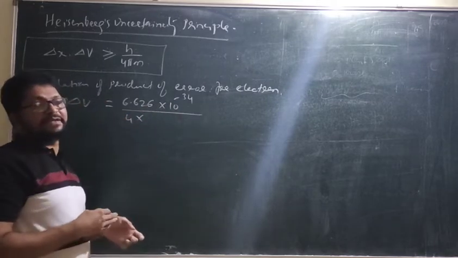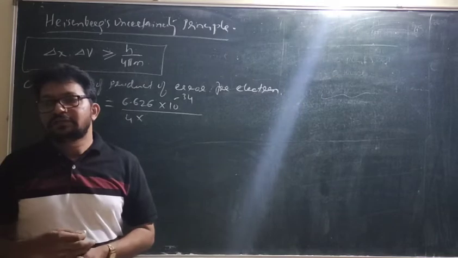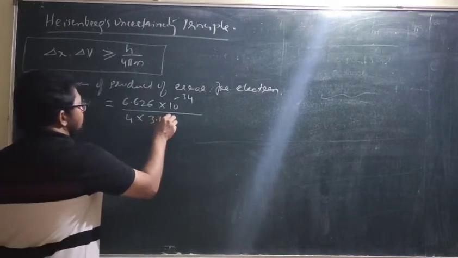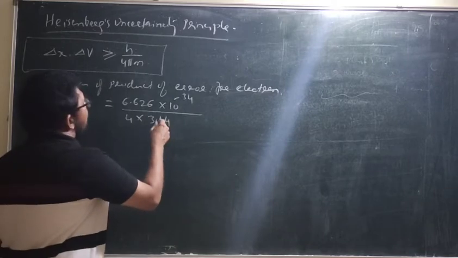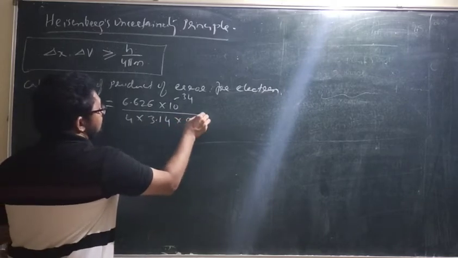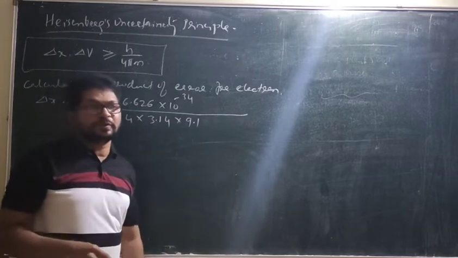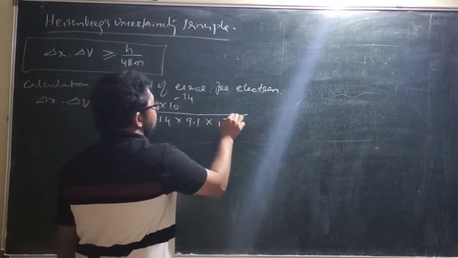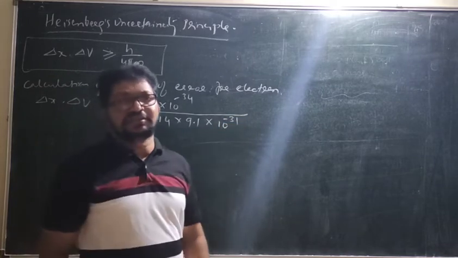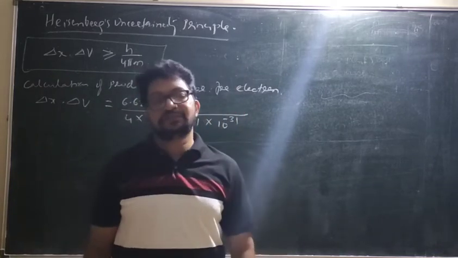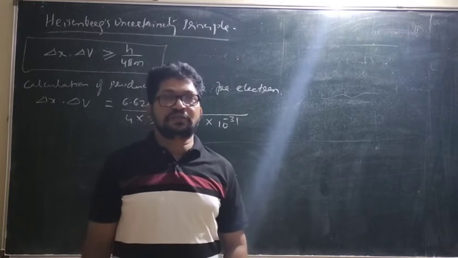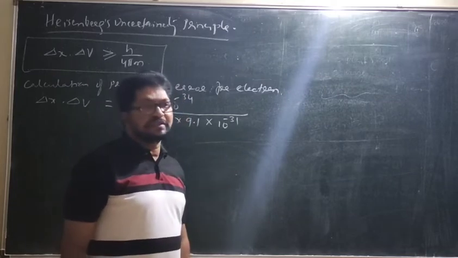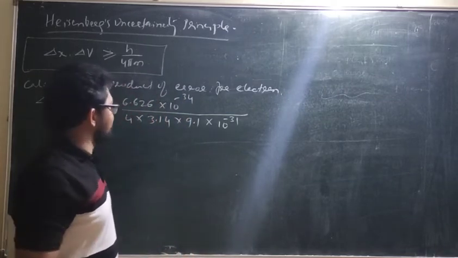What is the value of pi? 3.14, is it not? 3.14, 22 by 7. Then 4 pi m, mass of electron, 9.1 into 10 raised to minus 31 kg. Is this correct? Mass of electron is 9.1 into 10 raised to minus 31 kg. All are in SI units.